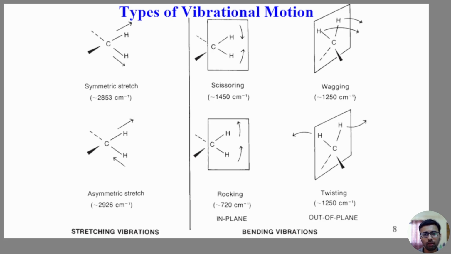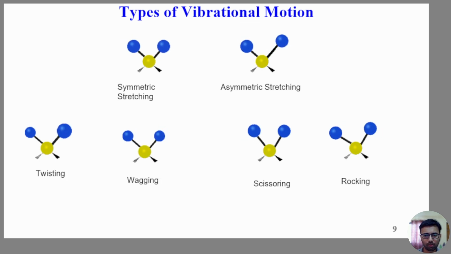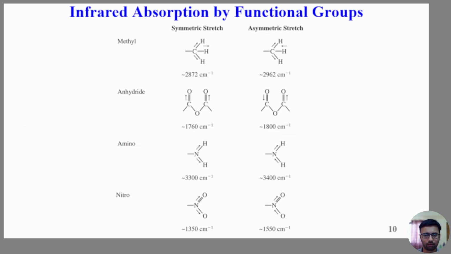But bending vibrations occur much lower, that is, scissoring near 1450 cm⁻¹ and rocking near 720 cm⁻¹. This clearly demonstrates the rule we discussed earlier. Stretching requires significantly more energy than bending. These are the various types of vibrations as discussed.